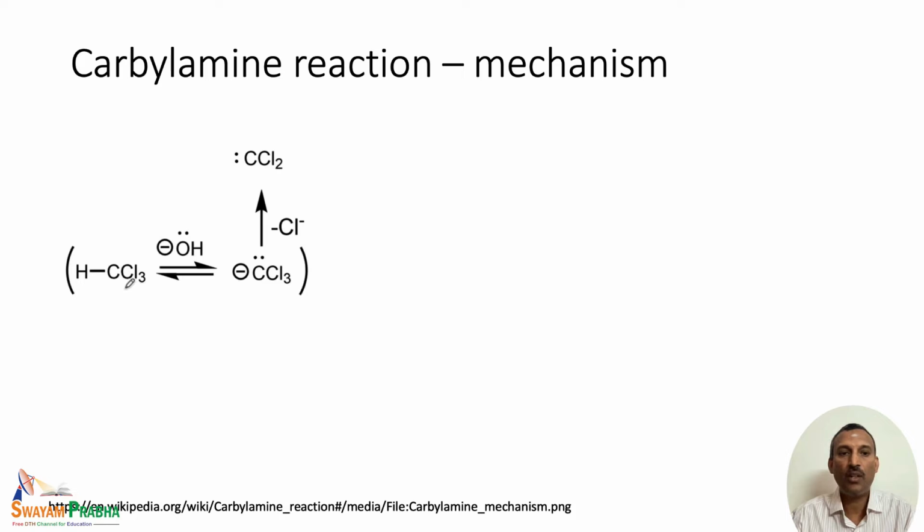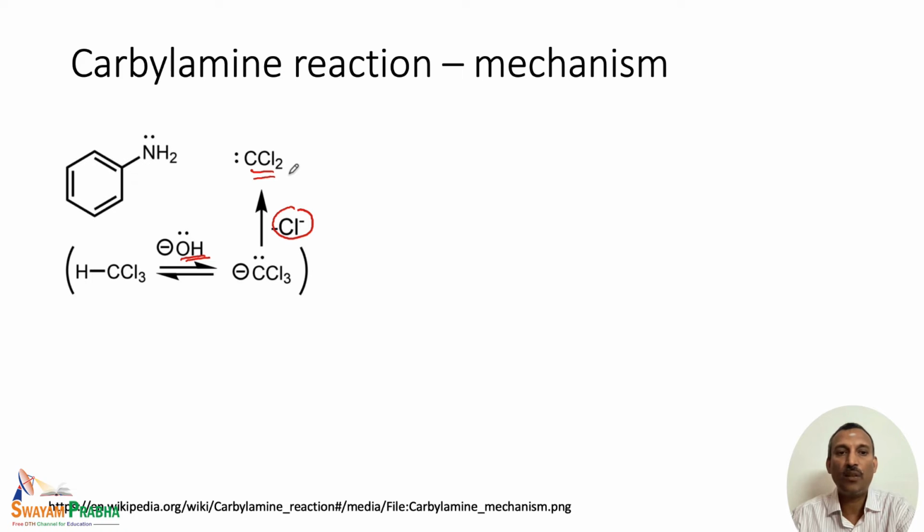As I mentioned, in this particular reaction, chloroform reacts with a strong base, that is an alkali hydroxide anion, with the loss of chloride ion to give CCl2, dichlorocarbene, as the intermediate.